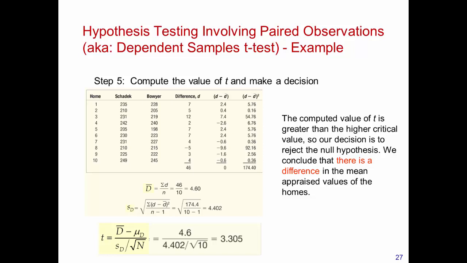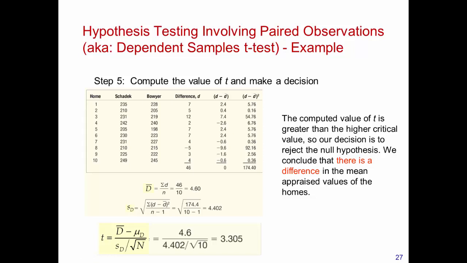So what did we actually get in our one little sample? Well, we got a t-test statistic, using our t-test formula, of 3.305. How likely was it that we got what we got? It was unlikely. The t-test statistic 3.305 is greater than the t-critical value of 2.262.